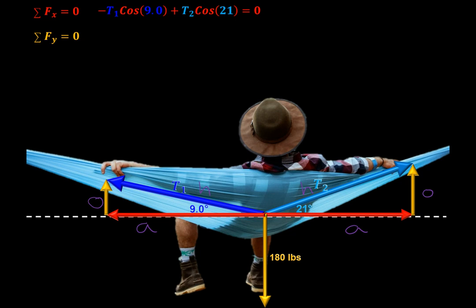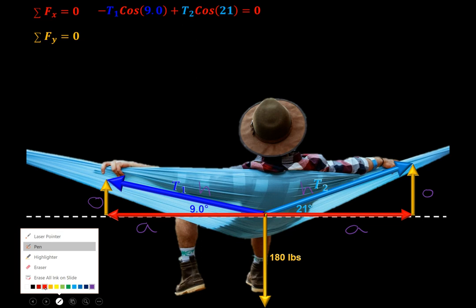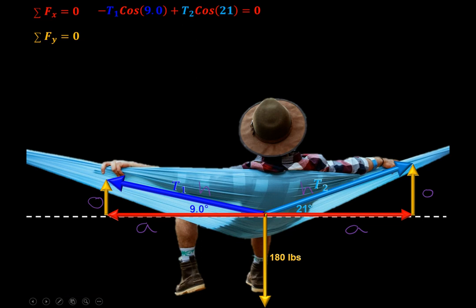So what we did, looking at the X direction, on this side: cosine of theta equals adjacent over hypotenuse, and we just plugged in what was going on.